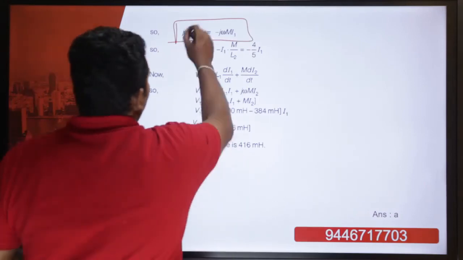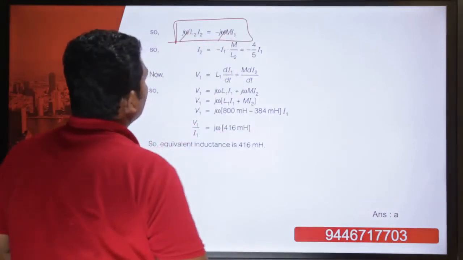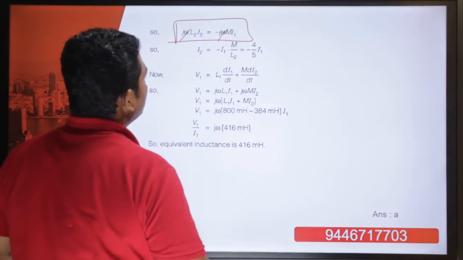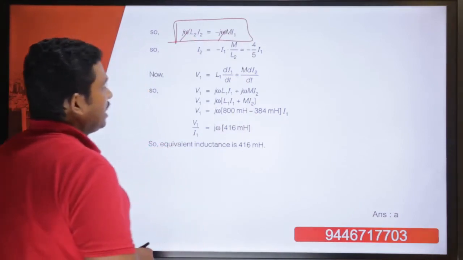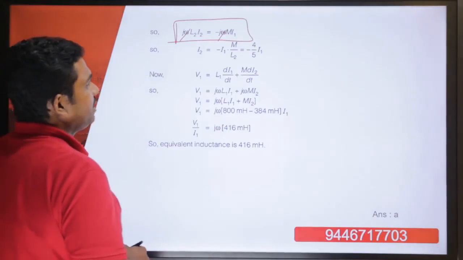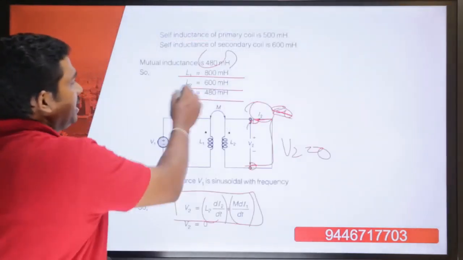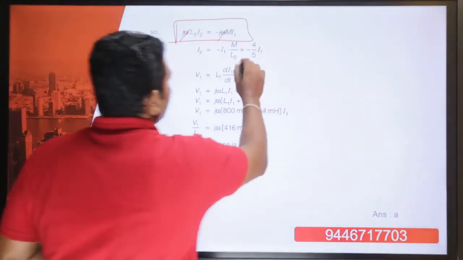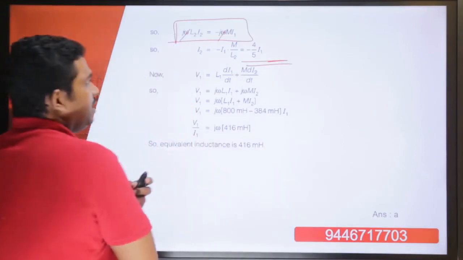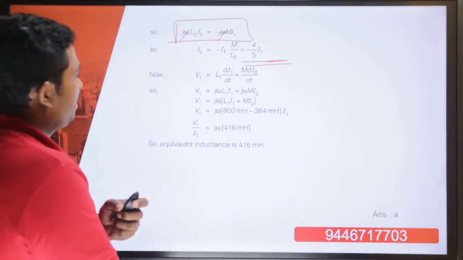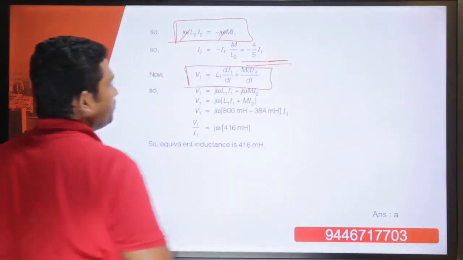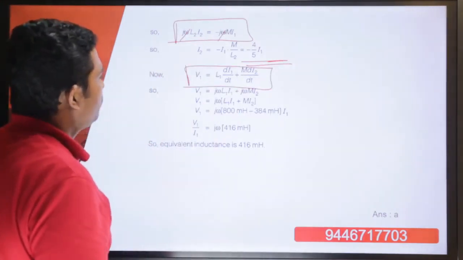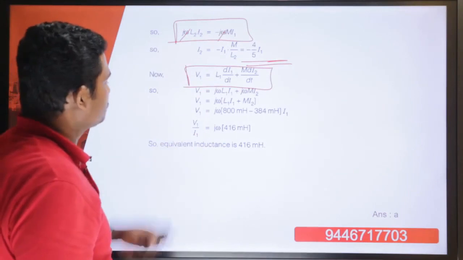So here j omega will cancel. So what is I2? I2 is equal to minus M I1 divided by L2, and M and L2 are given, so you can substitute the values and I2 will be obtained as minus 4 divided by 5 I1. Similarly, the equation for the first loop V1 can be made, and you can also substitute these values.